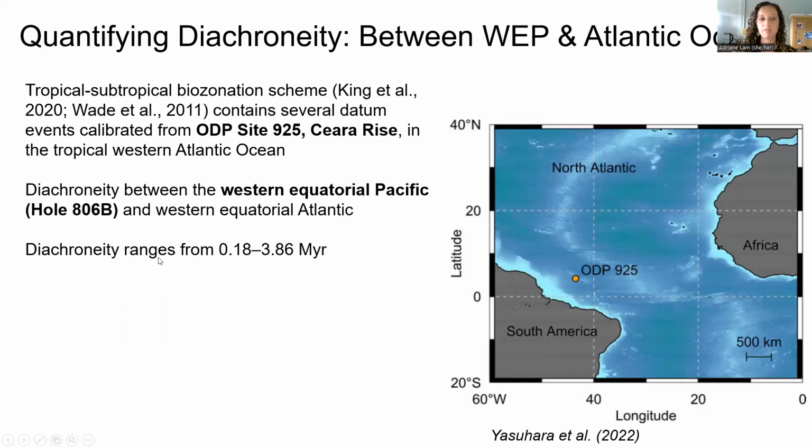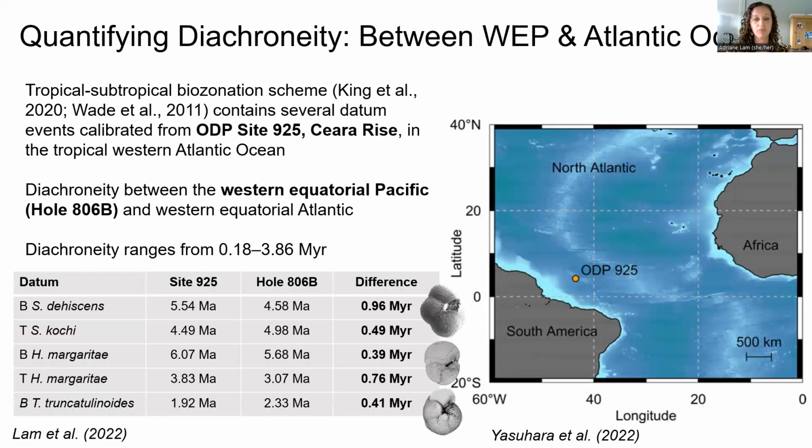So diachroneity of datums between hole 806B and those calibrated in this tropical to subtropical biozonation scheme at site 925 range from 0.18 to 3.86 million years. I've summarized a few of these species that have diachroneity in this table below. I'm not showing you the highest, but these are some more moderate values.